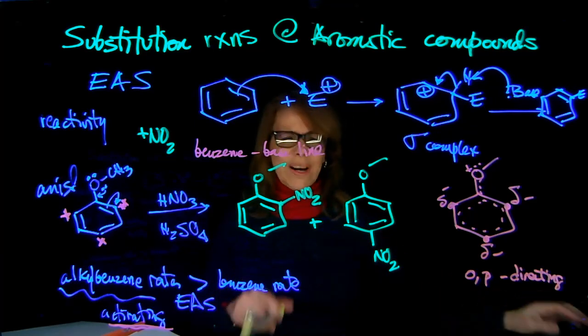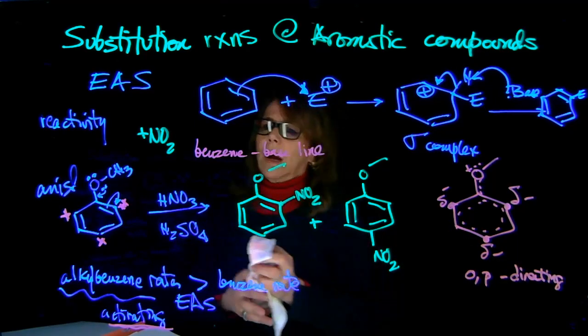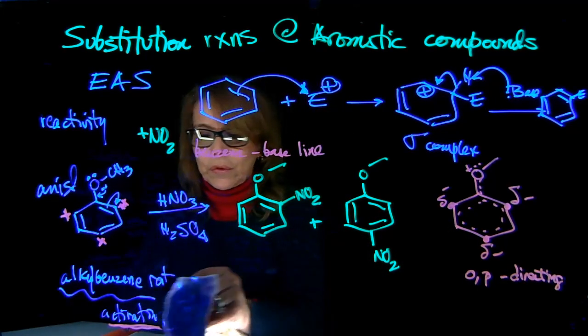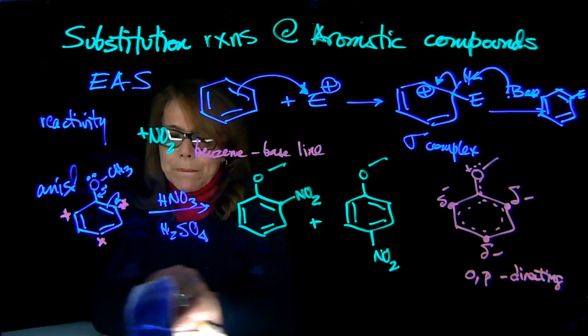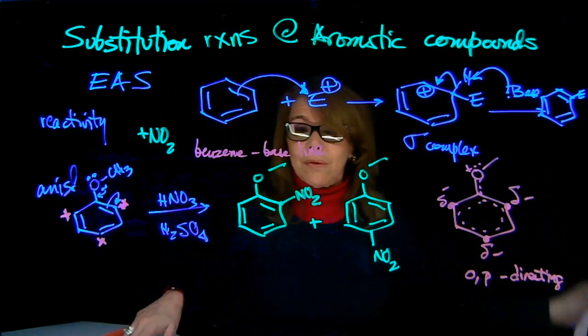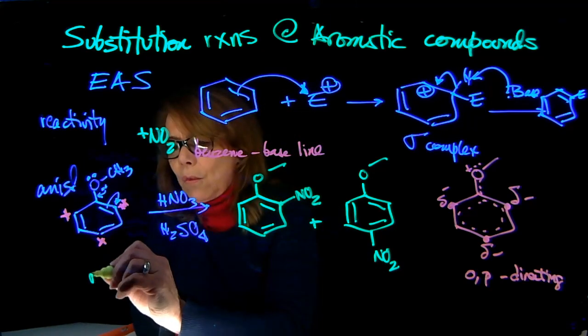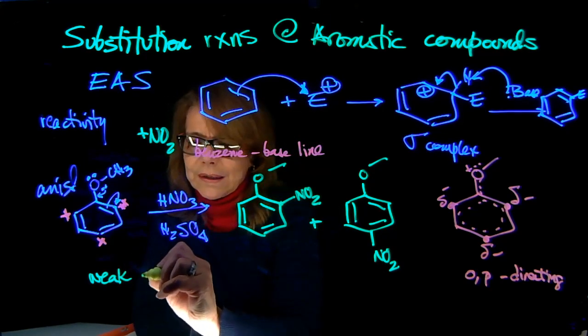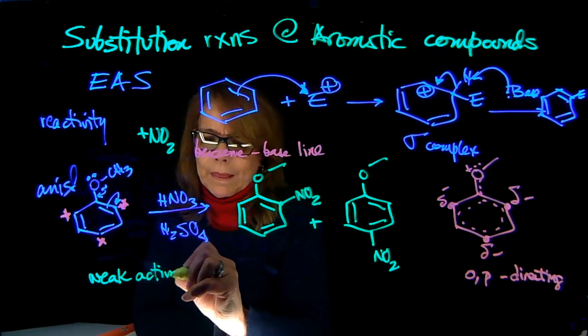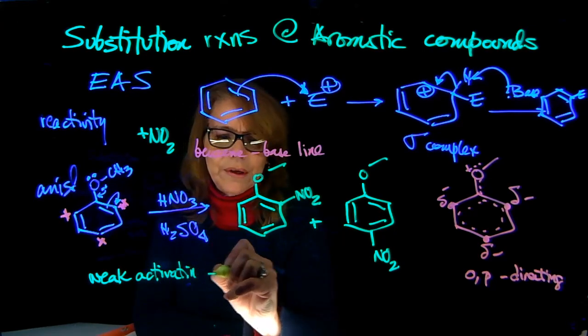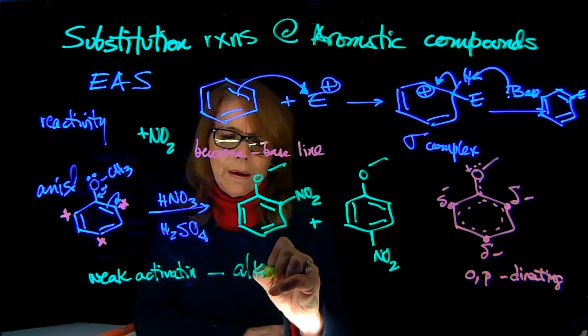So summarizing, what are the activating groups? Those groups that make the aromatic compound react faster than benzene. So we have, say, weak activating and stronger. Here you have the alkyl groups.